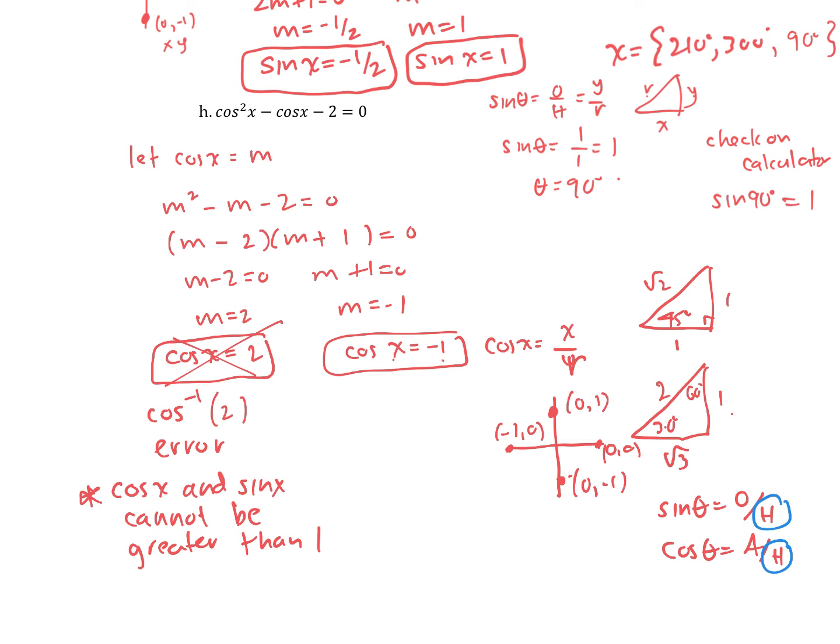Here. X is -1 here. And the radius is always 1. So at 180, x is -1, the radius is 1, that gives me -1 over 1, which gives me -1. And you can always check, do cosine of 180 on your calculator, and you'll see that it equals -1. So that is my solution.